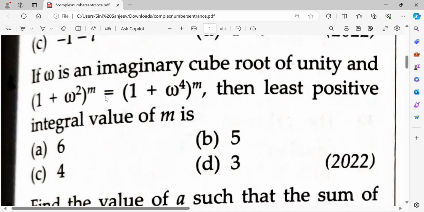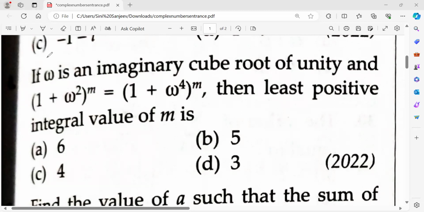If omega is an imaginary cube root of unity, then they are given what? 1 plus omega power 4, 1 plus omega square, the least positive integral value of m. So this also I will do because you will need my help.